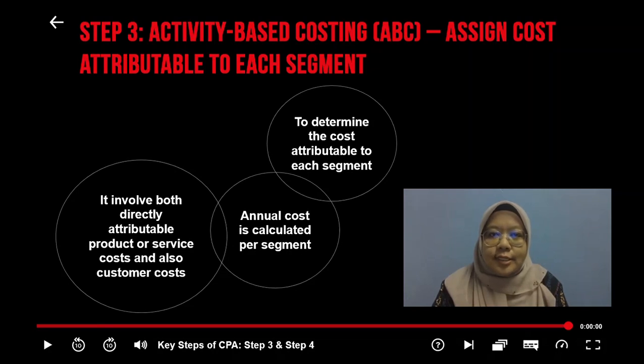It is this type of customer costs which are often hidden, such as quality control and inspection costs, order picking, order fulfillment, and customer ordering costs. Activity-based costing is an effective way to assign both types of costs to customers.